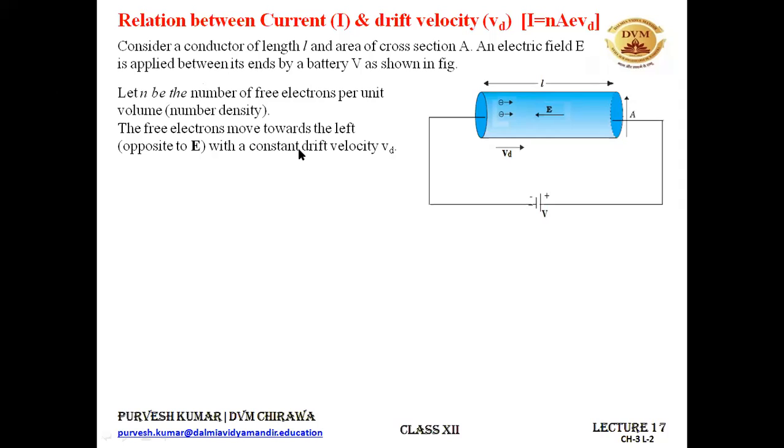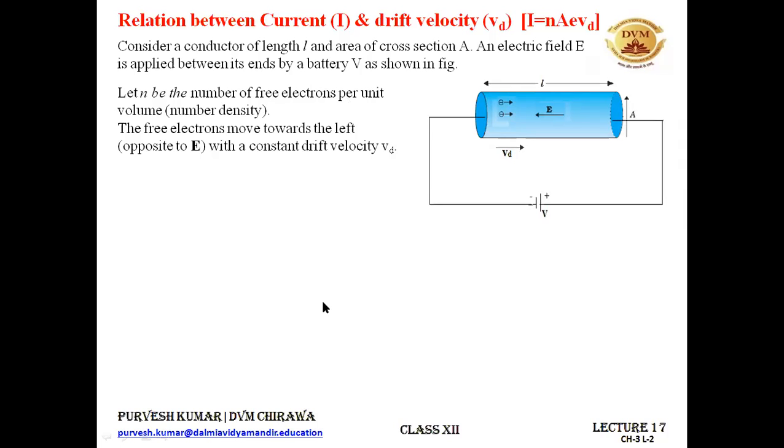These free electrons will start drifting in a direction opposite to that of the electric field when you apply this battery. So the electrons will start moving in this direction with a drift velocity Vd. All right. So this is what we have concluded from this diagram.